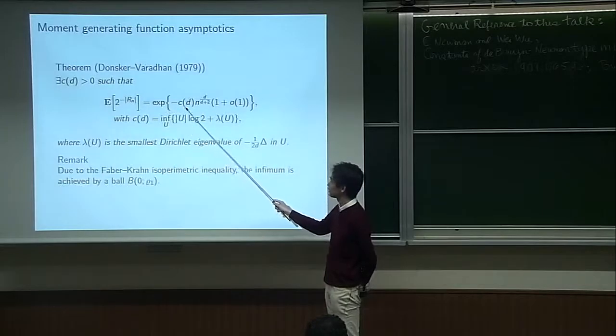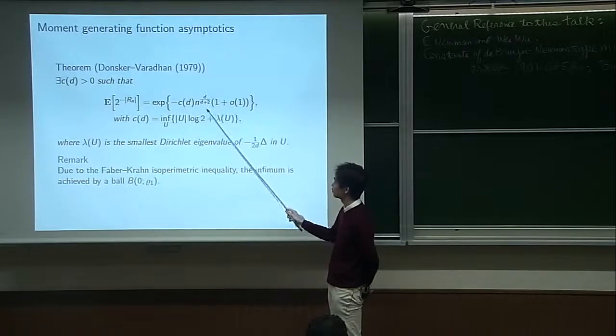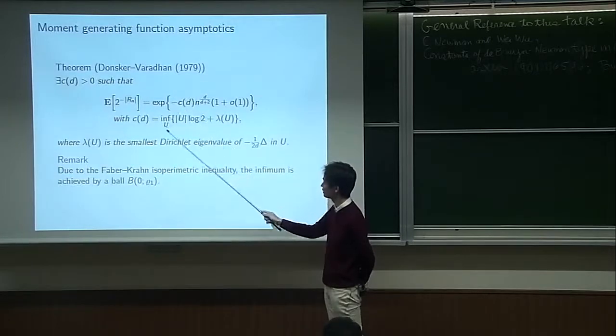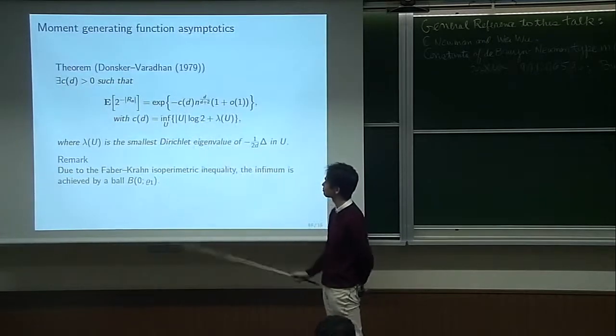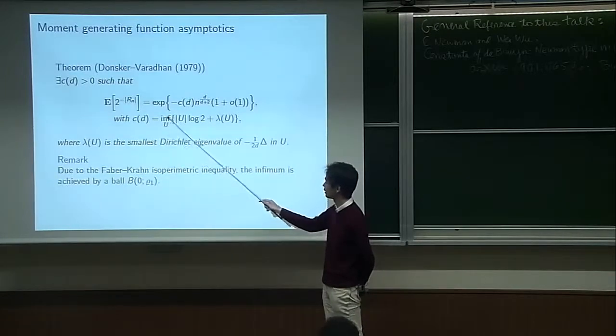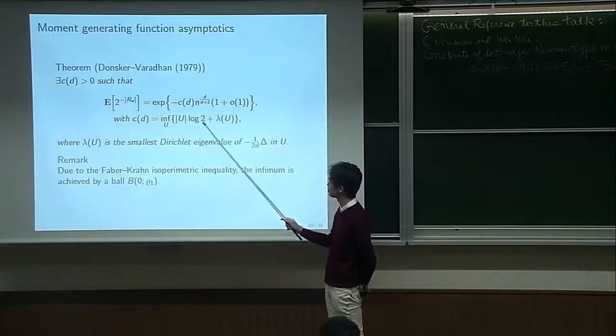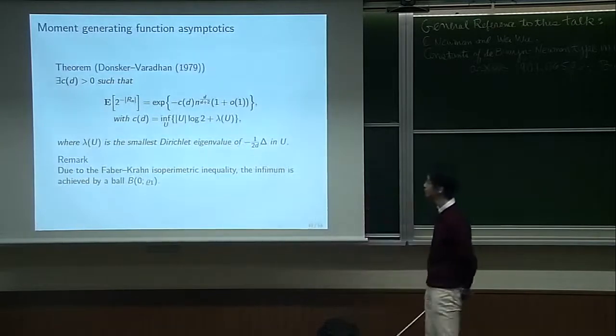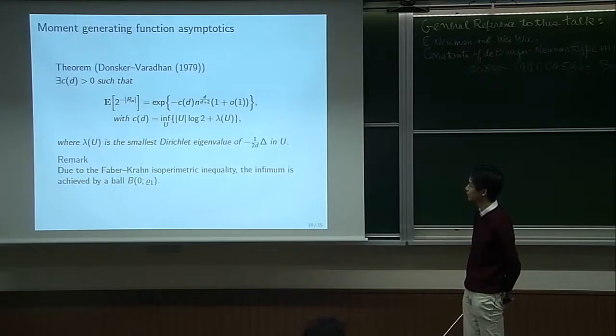They prove that this behaves like exponential of minus a constant times n to the d over d plus 2, and this constant you can compute, but much more important is that you have this variational expression. It's an infimum over all open sets of R^d of volume times log 2 plus the first eigenvalue of minus Laplacian.